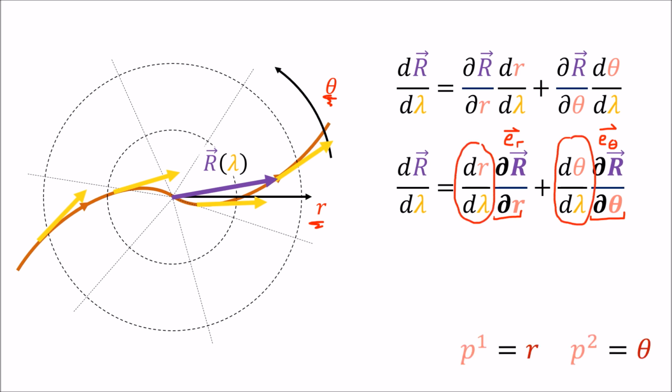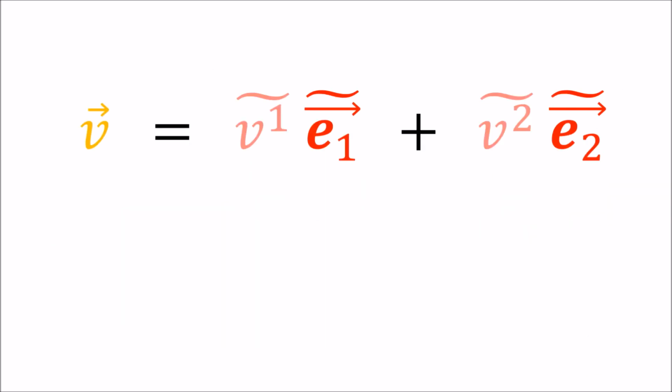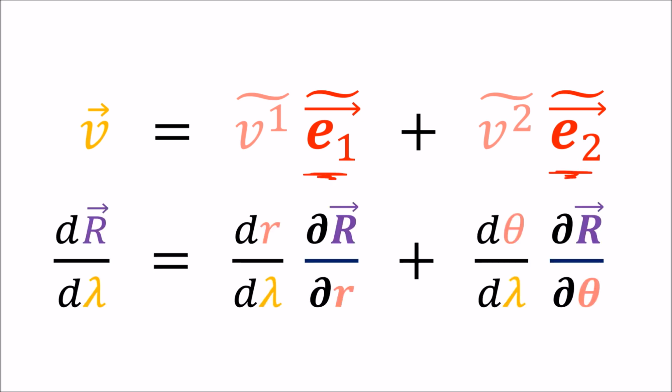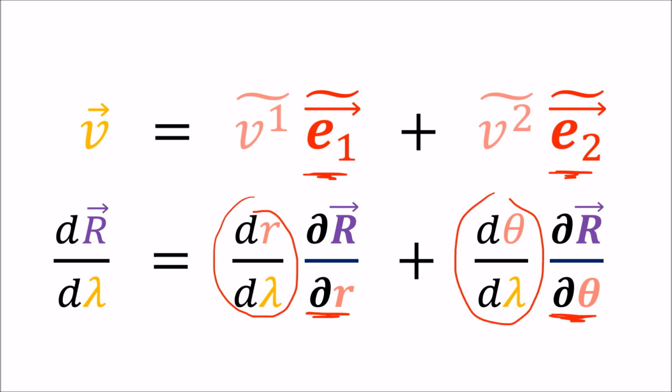And if we rewrite things with p1 equal to r and p2 equal to theta, we can rewrite this linear combination using the Einstein notation. So again, just as we can expand a vector v as a linear combination of basis vectors and components, we can also expand the vector field dr by d lambda as a linear combination using the chain rule, where these partial derivatives are the basis vectors and these derivatives with respect to lambda are the components.